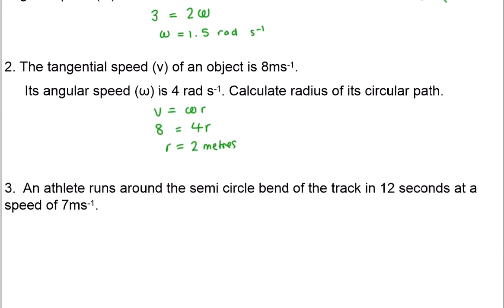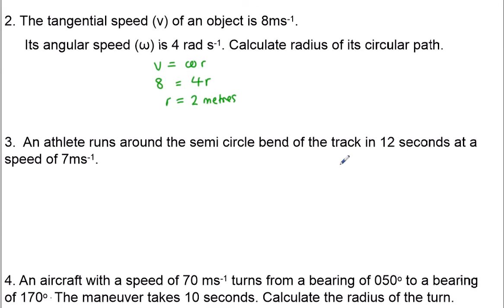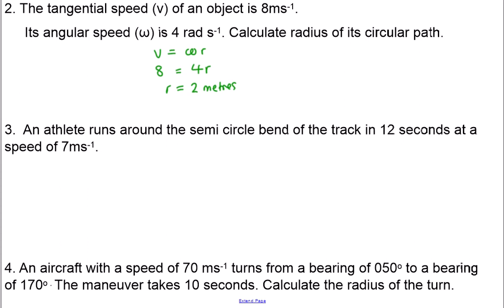If you lengthened the radius and kept the angular speed the same, the tangential speed would have to increase because it's got a bigger circle to do in the same amount of time. So angular speed is not affected by the length of the string, but tangential speed depends on the radius of the circle. Let's have a look at the next one.